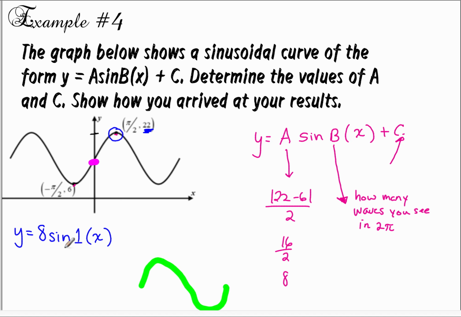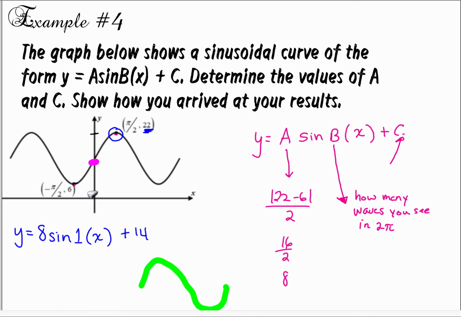The sine of 90, if I were to stick 90 in here, or pi over 2 as they're calling it, is 1. And then I've got to get it multiplied by 8. So 8 plus what is going to get you to 22? That's right. It's 14. Now, that's one way you can do it.